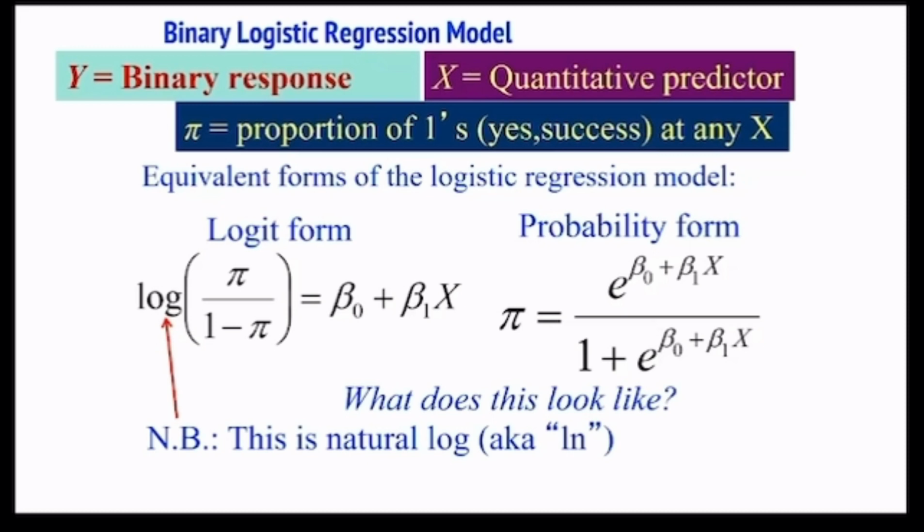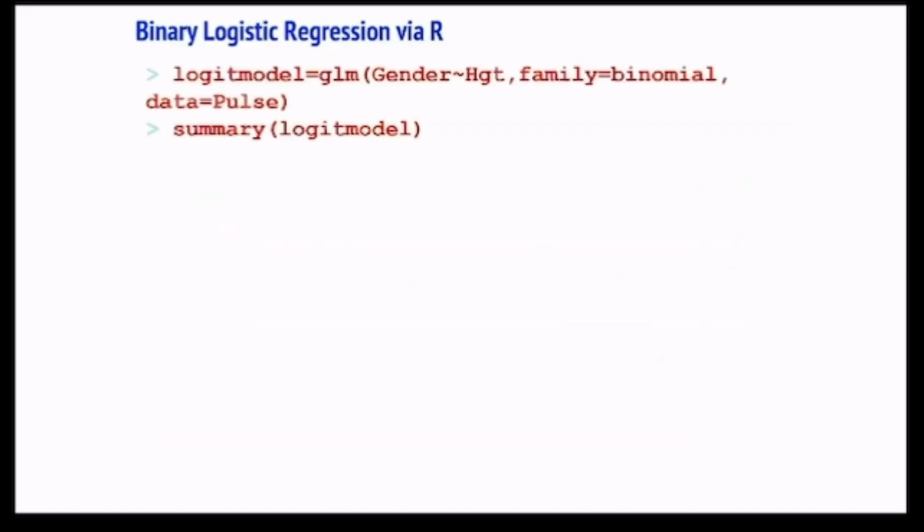The next thing I want to do now is, you have a data set, right? How do you implement that in R? I have a data set where I'm looking at the effect of height on gender. Gender is categorical, either male or female.